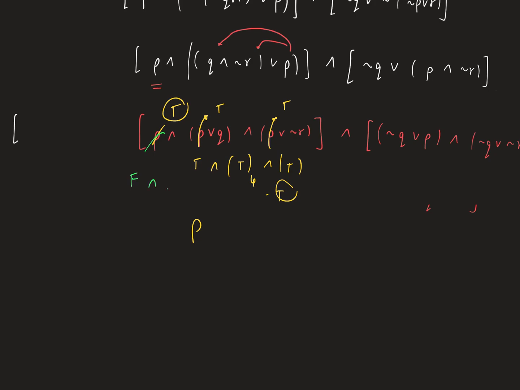So false and anything, whatever this one is, is always false. So the answer will be false. So in other words, it is P. So no matter what I substitute, the result will always be P.